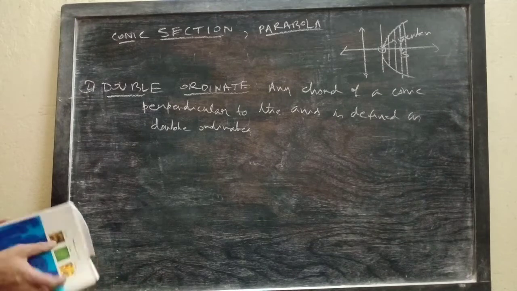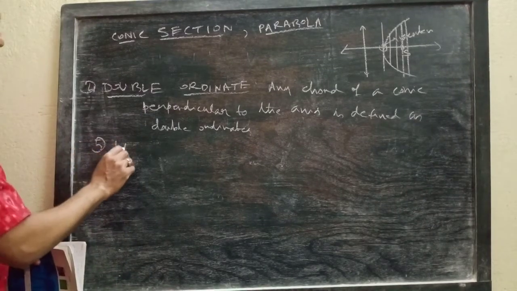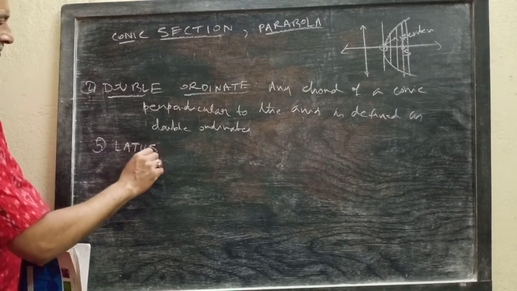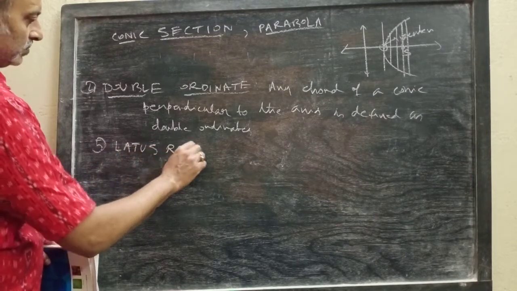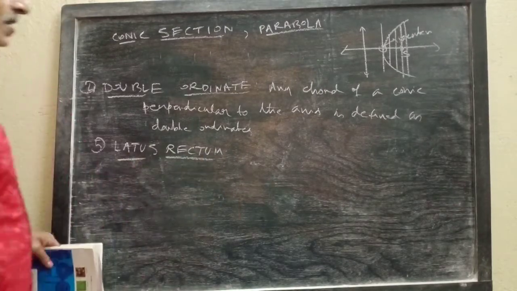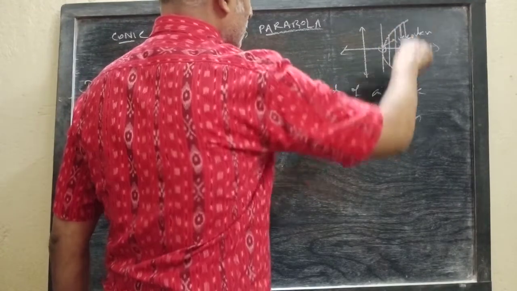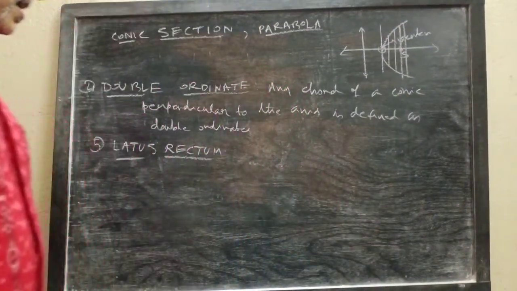Next, latus rectum. What is latus rectum? That particular double ordinate which passes through the focus is defined as latus rectum.